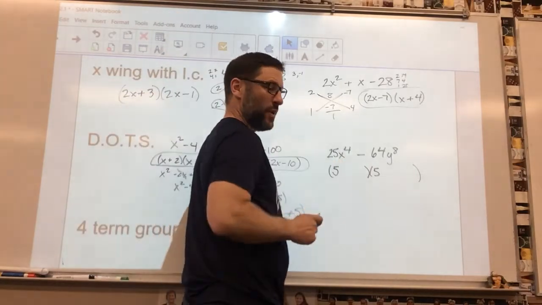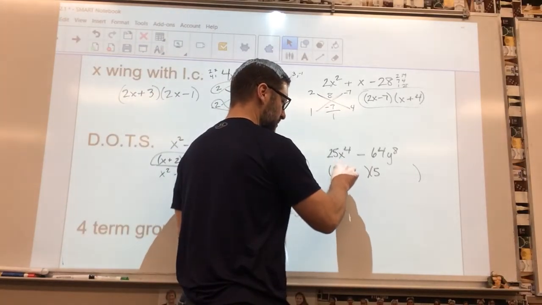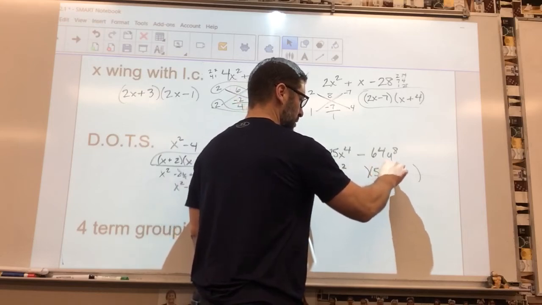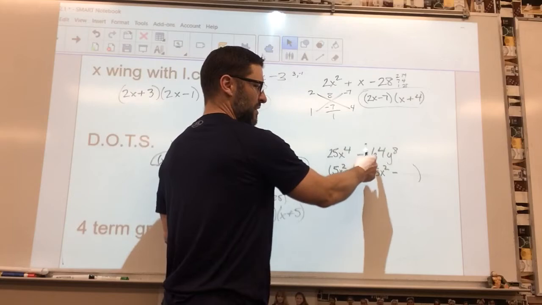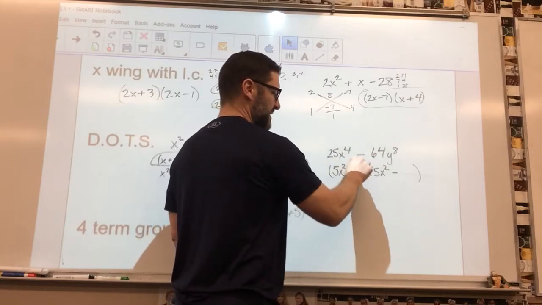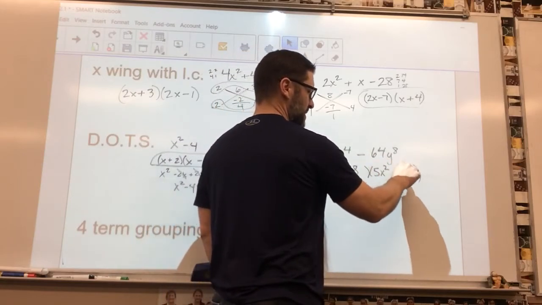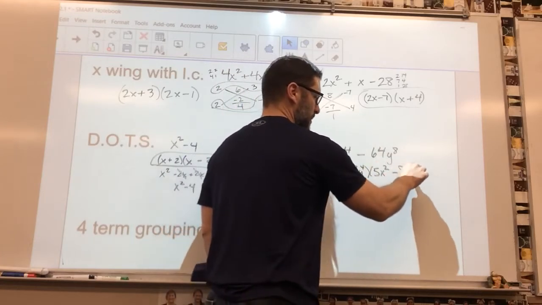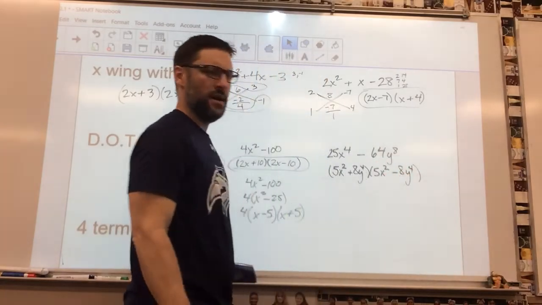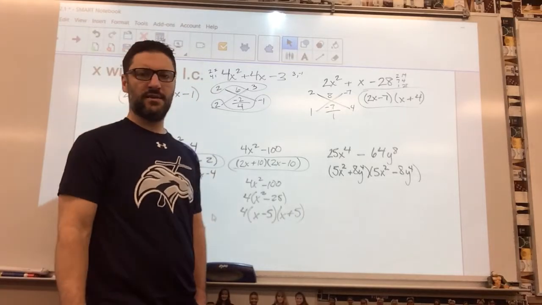The square root of x to the 4th is x squared. Difference of squares factors into a plus and a minus. The square root of 64 is 8. The square root of y to the 8th is y to the 4th. And that is fully factored in DOTS.